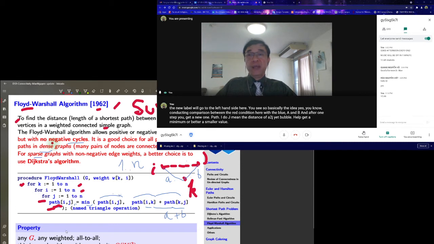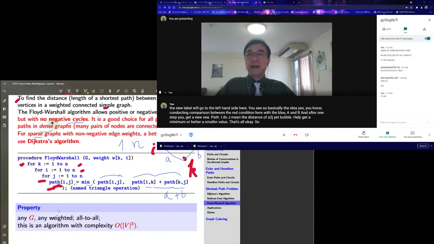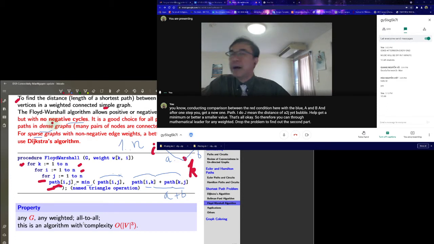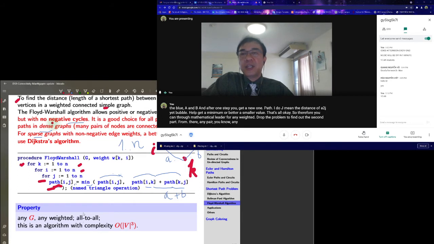Okay. So therefore you can prove mathematically that for any weighted graph, the problem to find the shortest path between any pair of vertices can be solved.